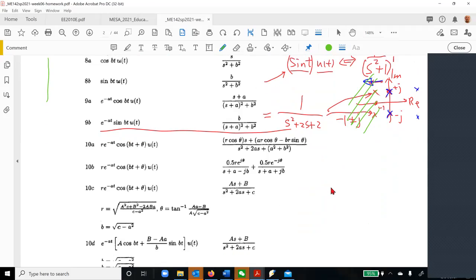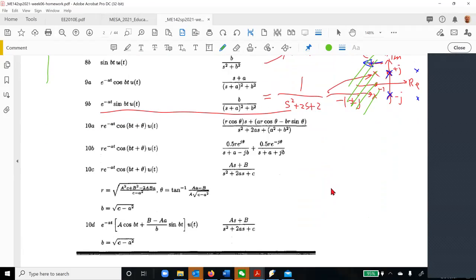Another idea is you probably haven't seen this. If I have output y of t, I hope this will die out so that it will be less than infinity. If it goes to infinity, it blows up.